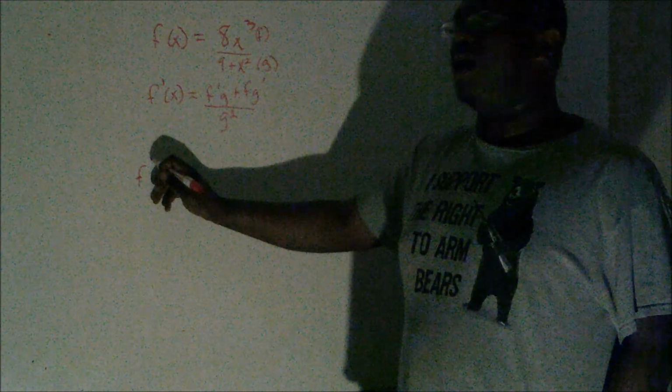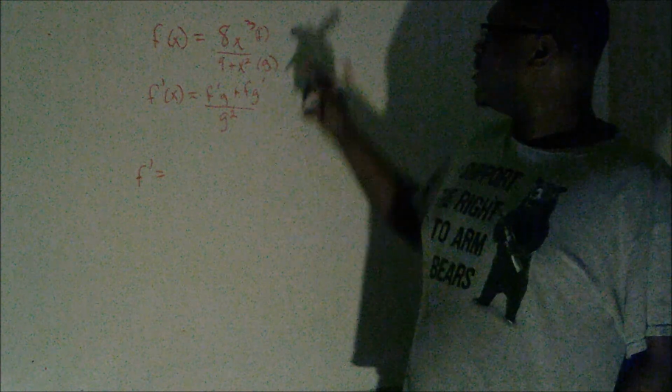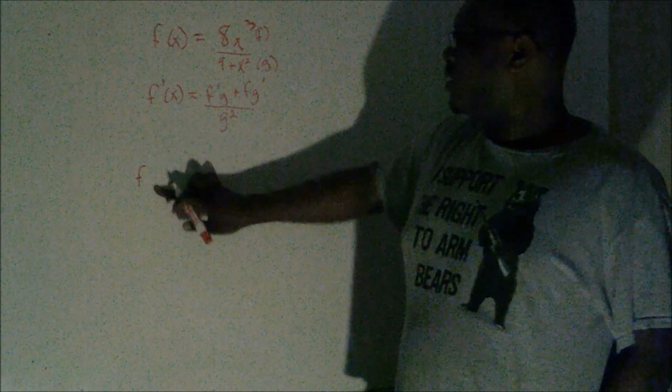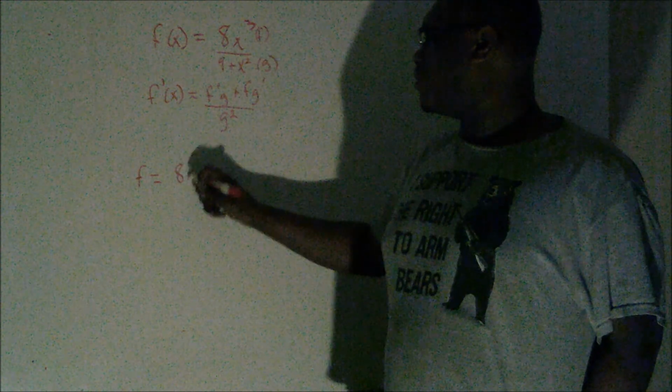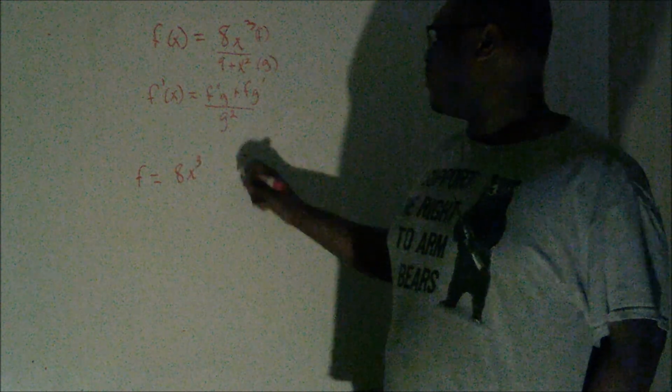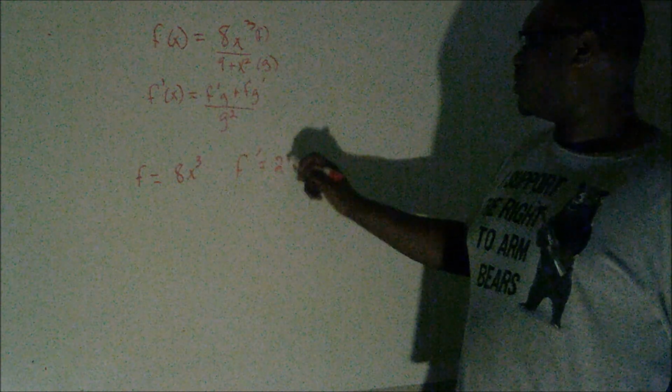So we have f. F equals, like we said up here, 8x cubed. We have f prime, another simple power rule, 24x squared.